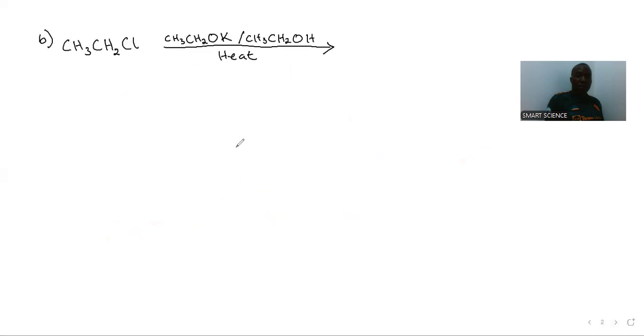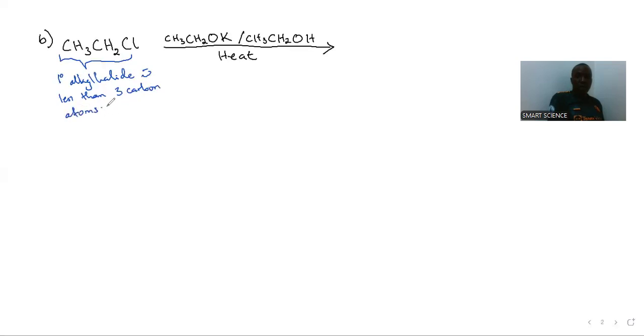And the other mechanism is this, where our main product is not an alkene, simply because the alkyl halide we have is a primary alkyl halide with less than 3 carbon atoms.